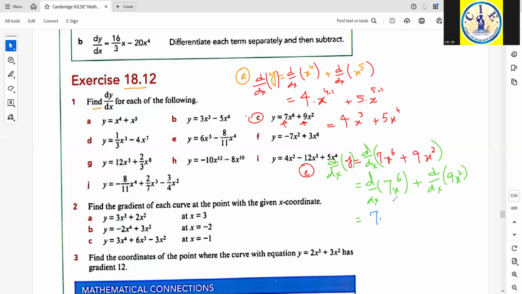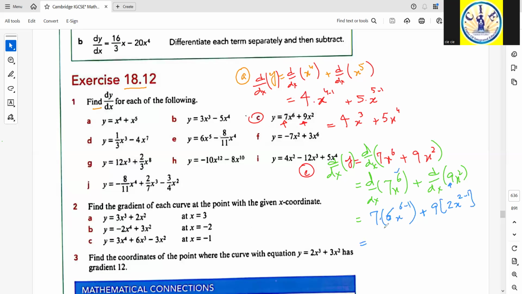So now 7, which is the coefficient, has been written intact, and then for x raised to power 6, I'm going to bring this power at the beginning and then x raised to the power 6 minus 1. Same goes with the second term, 9 being the coefficient, written as it is, and then x square, its derivative can be calculated as 2x raised to power 2 minus 1.